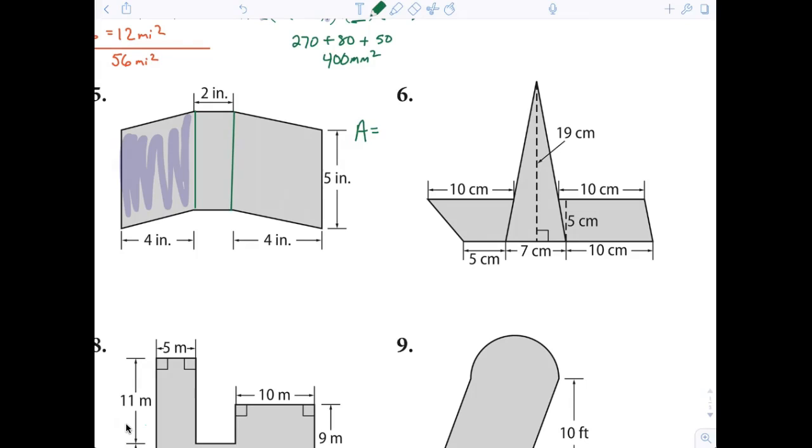The formula is, what is it? Base times height. That is the formula for a parallelogram. So make yourself a note. Area of a parallelogram, base times height.